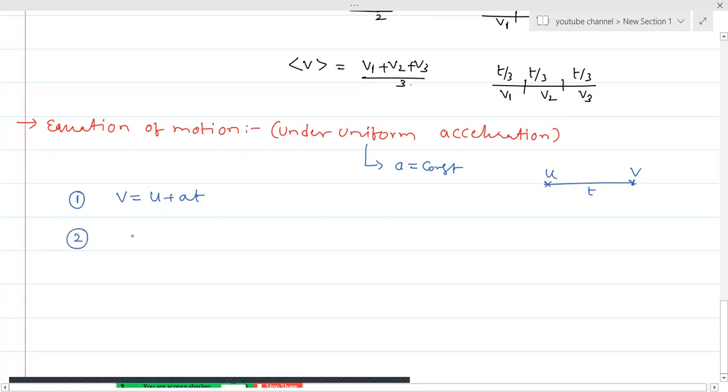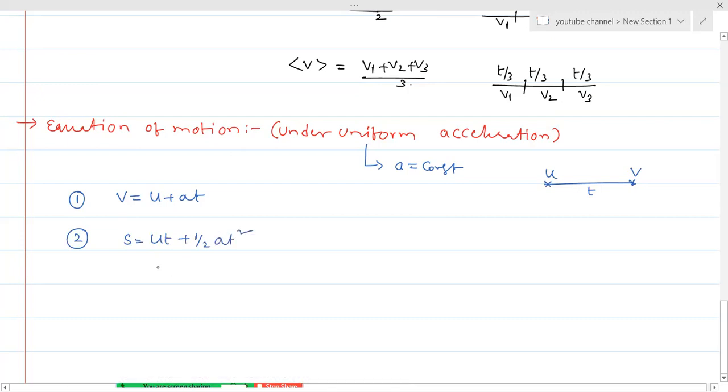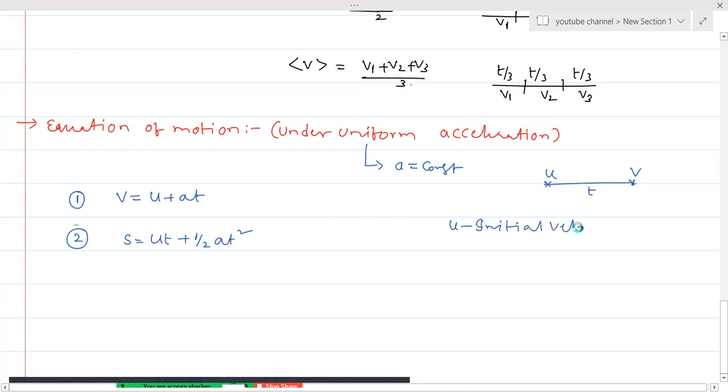Second one, s equals ut plus half at square. Here u is the initial velocity, v is the final velocity, t is the observation time, and a is the acceleration.